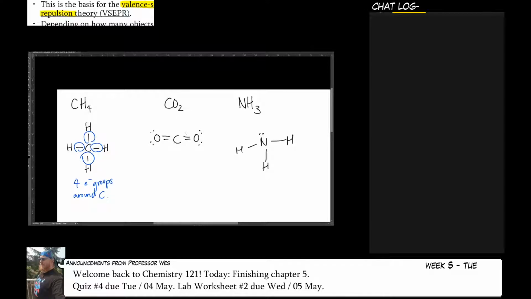Now with CO2, we only care about what's attached to the central atom. So that means that the only places there are electrons are this double bond and this double bond. So there are 2 electron groups around the central atom.